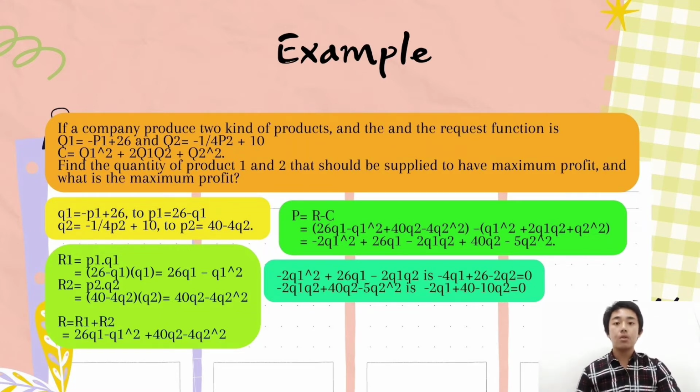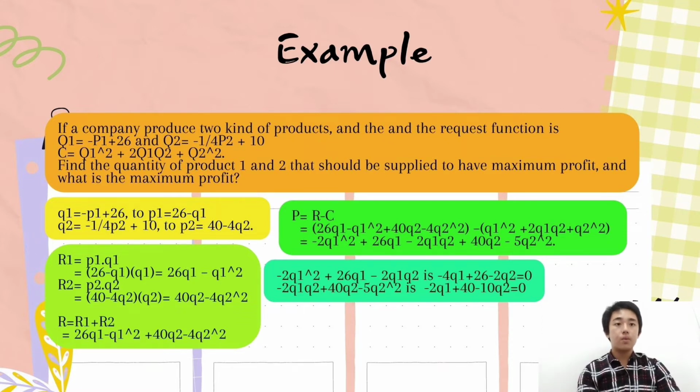So P equals R minus C. So 26Q1 minus Q1 squared plus 40Q2 minus 4Q2 squared, that's in the brackets, and then we subtract another bracket, that is Q1 squared plus 2Q1 Q2 plus Q2 squared, and it gives us negative 2Q1 squared plus 26Q1 minus 2Q1 Q2 plus 40Q2 minus 5Q2 squared. Then we're going to find the derivative.